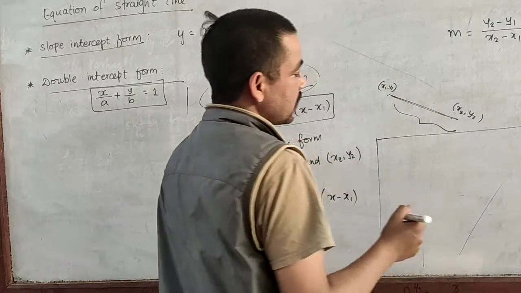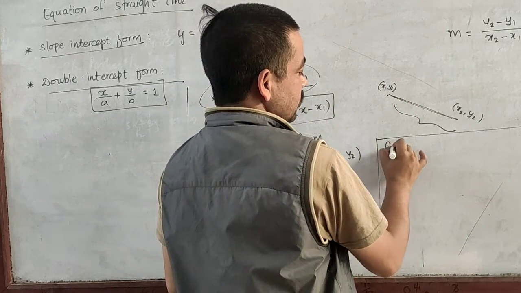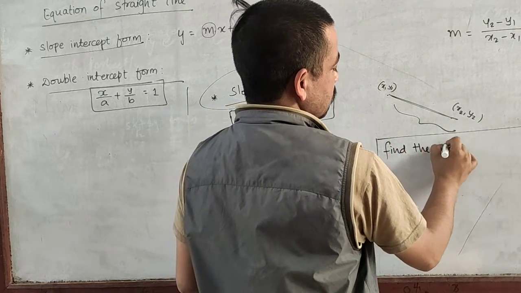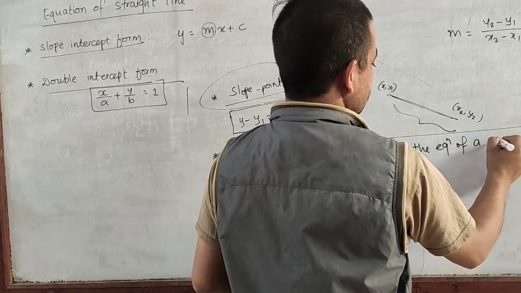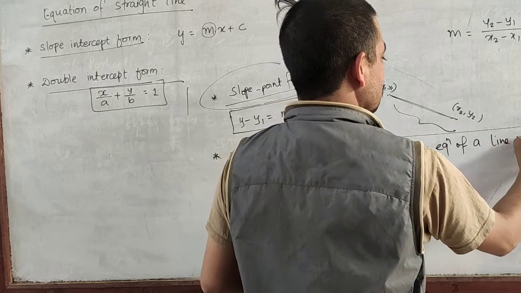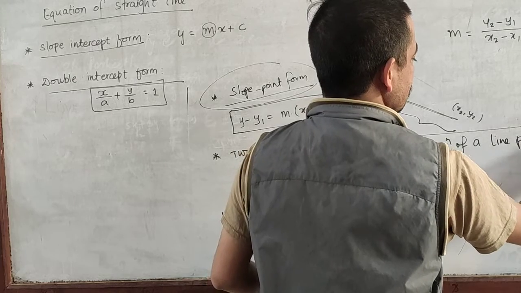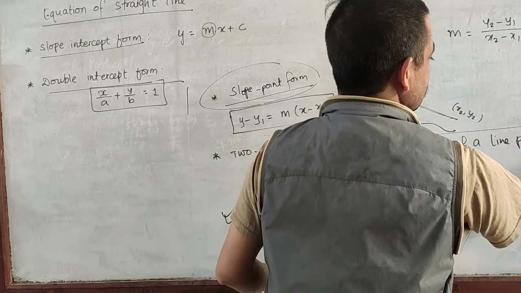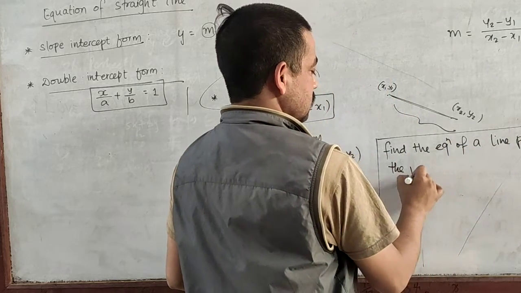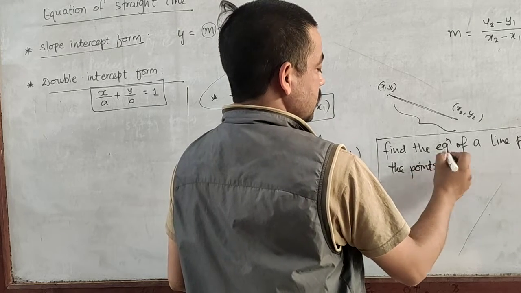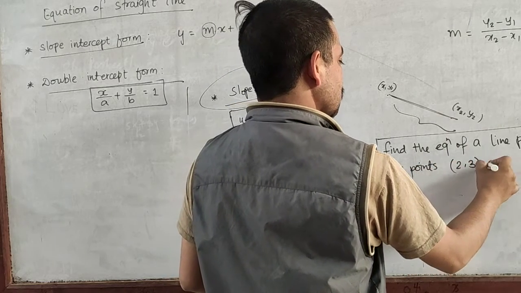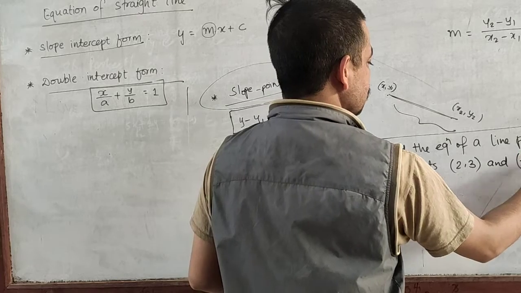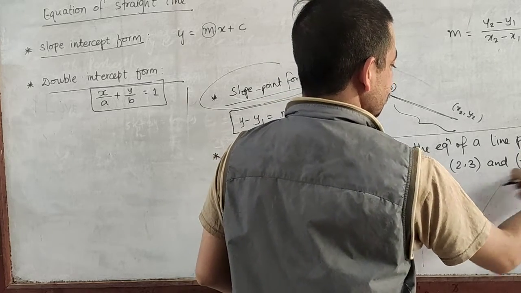You can have one example. Find the equation of a line passing through the points (2, 3) and (-4, 5).